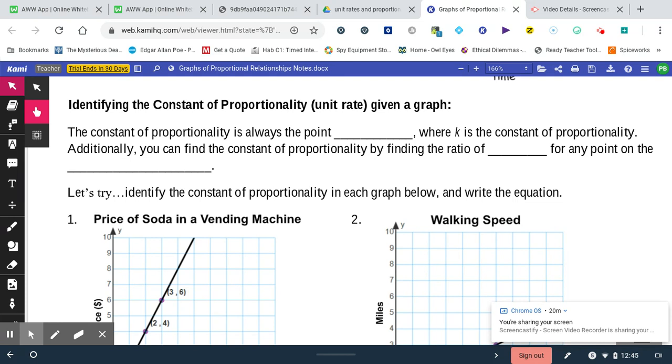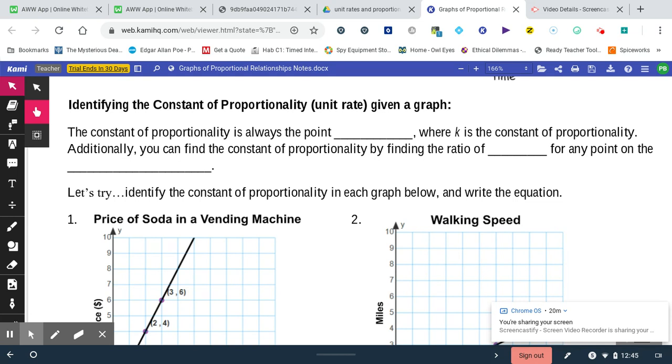The dependent one is y, the independent one is x. Still take y and divide it by x. It might be a rate statement in the word problem. You still take y and divide it by x. You might see a measure of time in the word problem. Every measure of time is going to be represented with the variable x, still y divided by x.